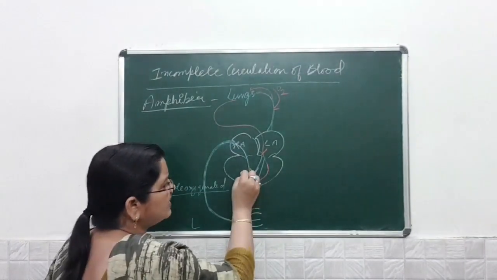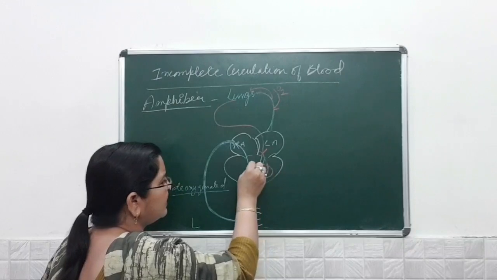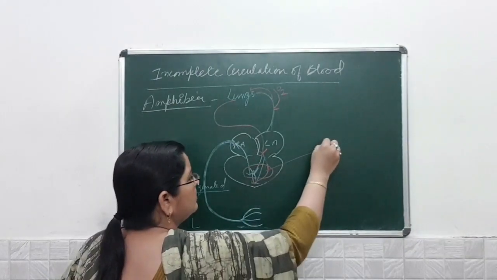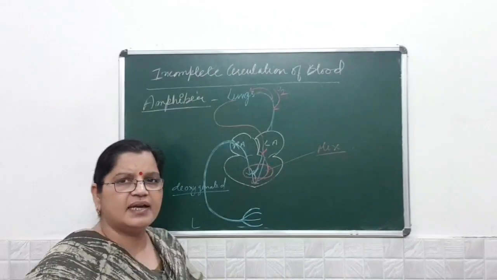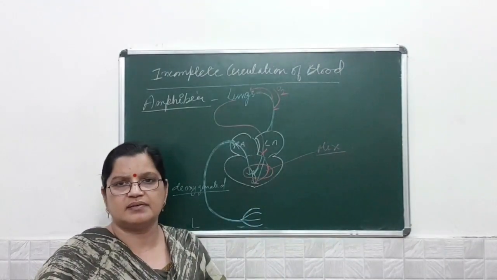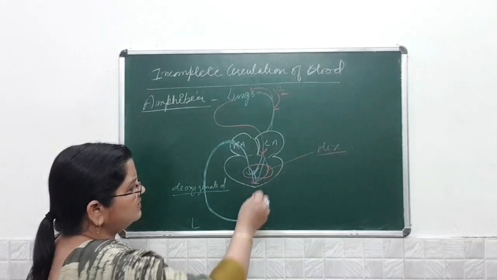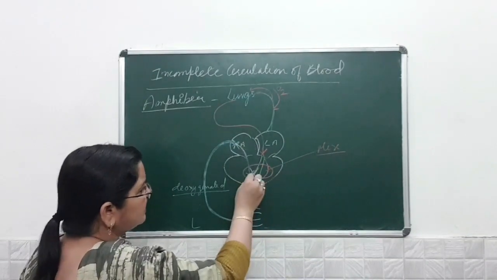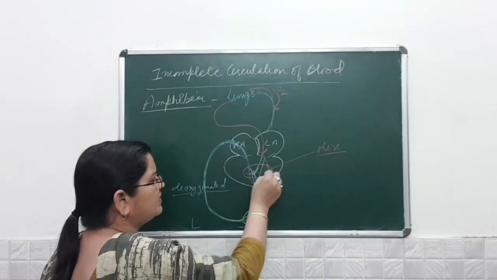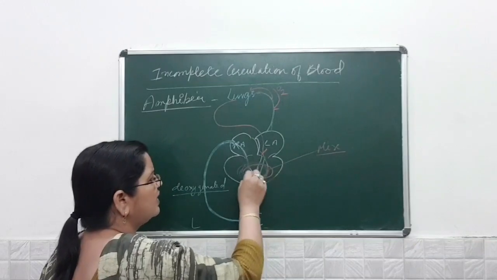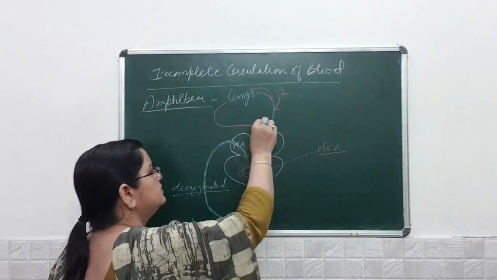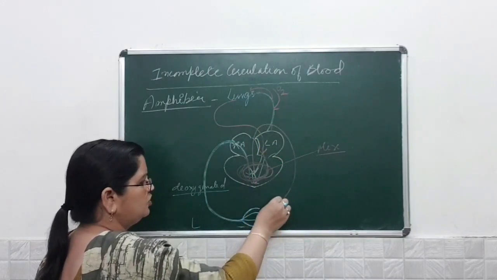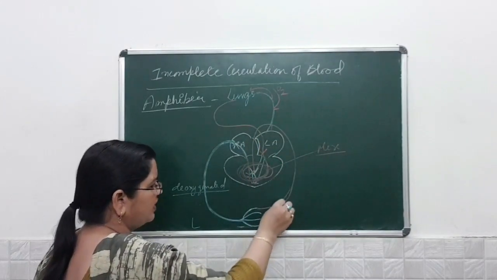Oxygenated and deoxygenated blood mix in the ventricle because ventricle is one chamber. In this ventricle, deoxygenated and oxygenated blood mix, and this mixed blood is pumped towards the body tissue.